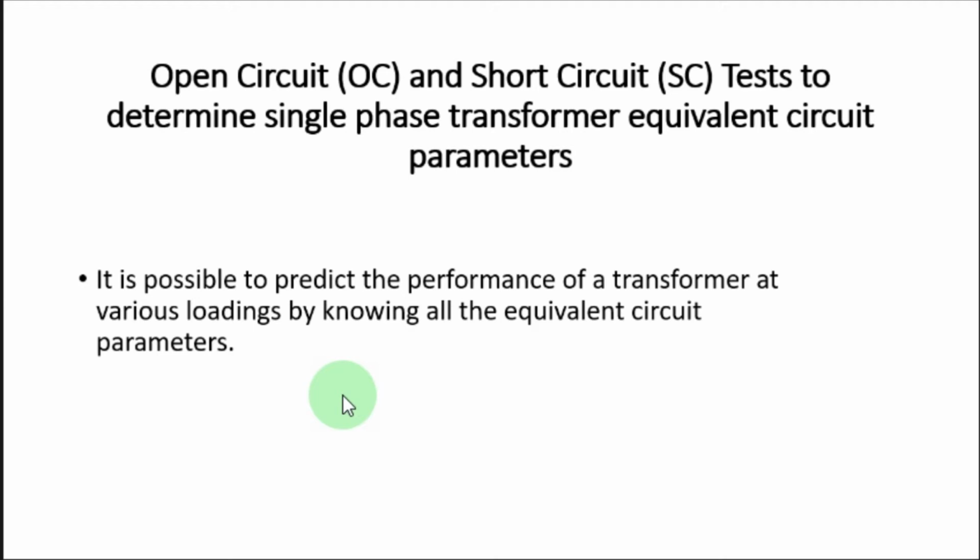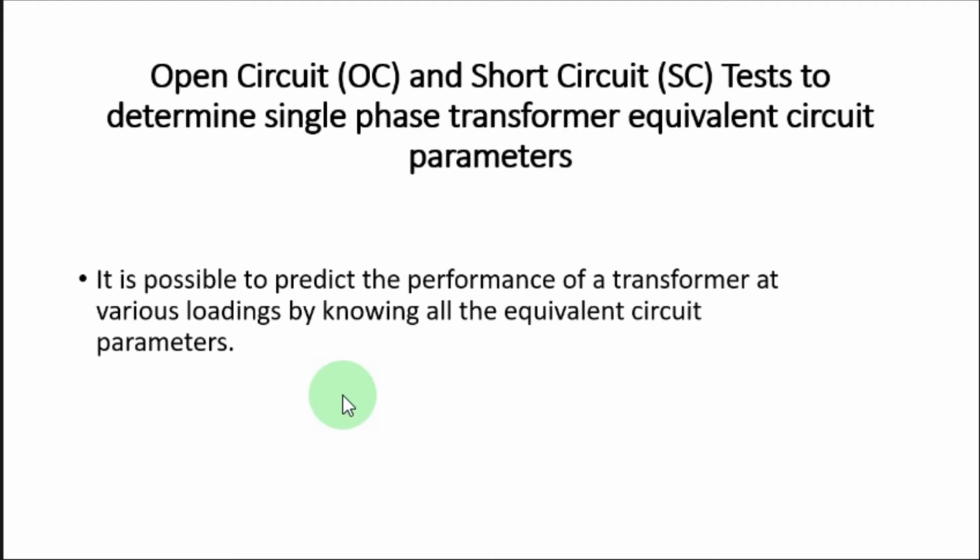To make it simpler, we use this equivalent circuit, and if you know these parameters that we discussed before, then we have a simpler circuit, the equivalent circuit, which has only one side, right? Because everything on the other side is referred to the one side.